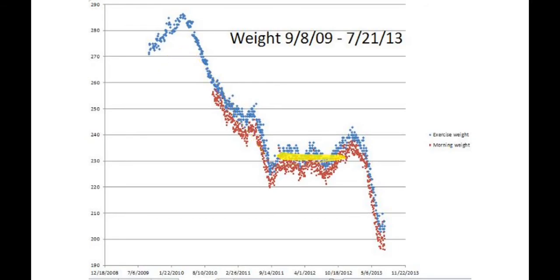Then it stabilized at this level, 74 kilos, and recently it dropped sharply to 68. I continue to lose weight while I do exercises, and my muscles are dropping, but not so much. So the conclusion is that the ketogenic diet can be the most efficient way to burn fat.